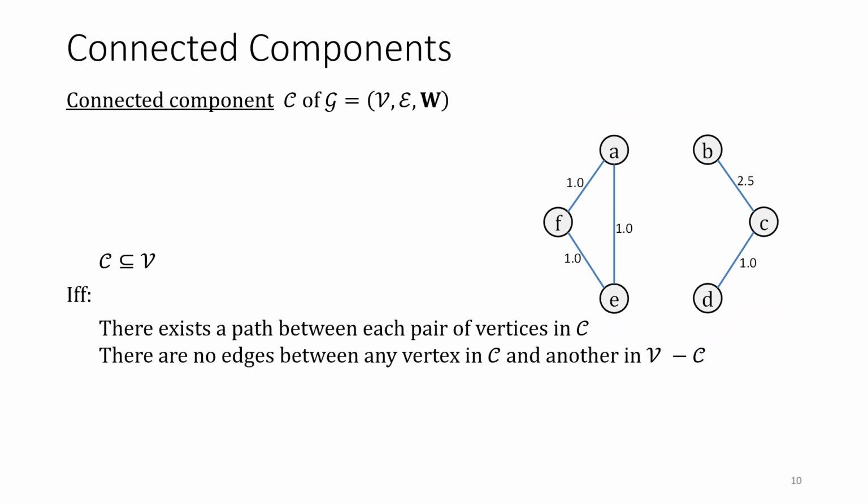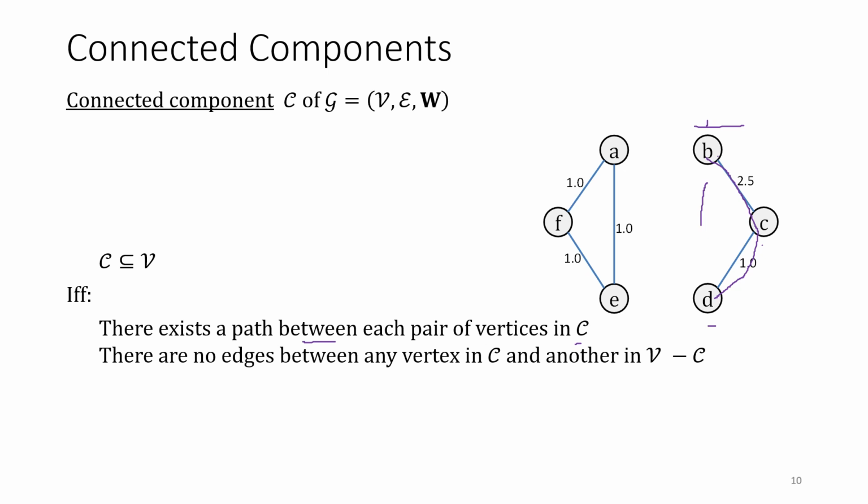Now, between B and D, there is no direct edge, but you can clearly see that there's a path connecting B with D. That path goes through C. So, between any pair of vertices within a connected component, there always has to exist a path between the vertices.